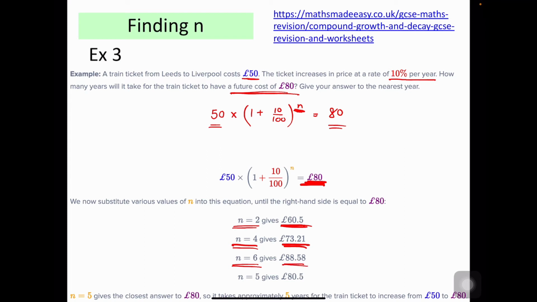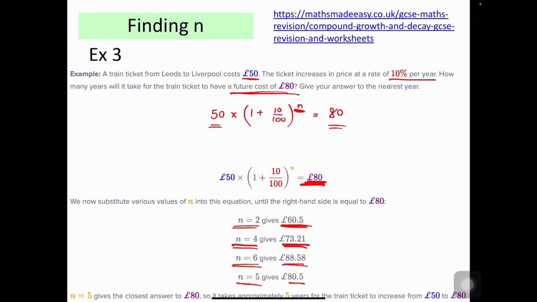N equals 6. Okay, now we've gone too high. We're at 88. If you substitute n equals 5, then you get 80.5. So we've just overtaken that cost of £80. And so as you can see at the bottom of your screen, n equals 5 gives the closest answer to £80.